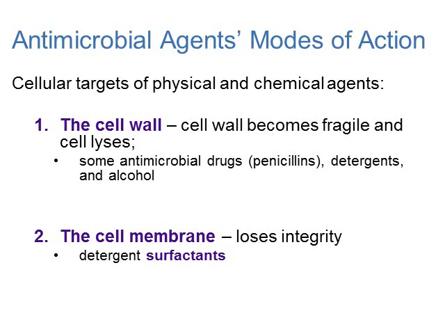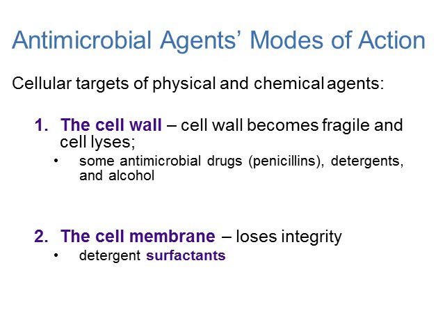Some chemicals cause a cell wall to become fragile, and if your cell doesn't have a cell wall, it could cause the cell to lyse or be destroyed, just break apart. And if the cell lyses, it's no longer considered to be living because it can't reproduce anymore. Some examples include antimicrobial drugs, so penicillin targets cell walls, detergents destroy cell walls, alcohol destroys cell walls.